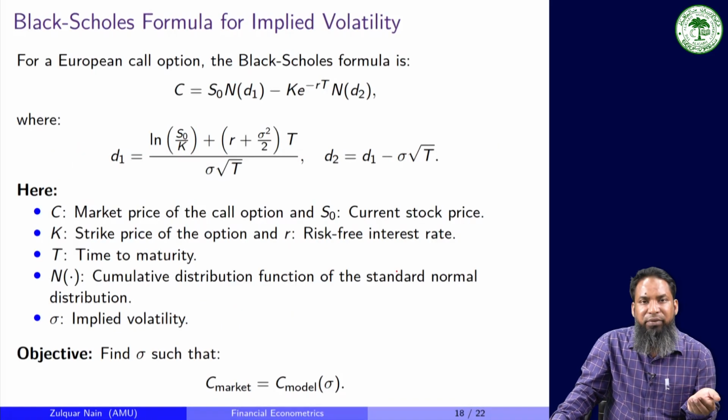For example, let us say we have the Black-Scholes formula; how do we calculate the implied volatility?